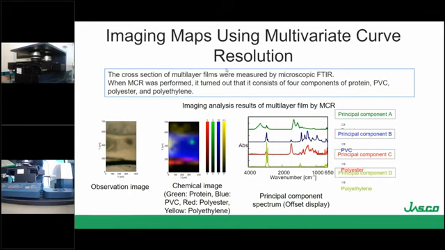The advantage of this software is that with only the collection of the whole image and the collection of the FTIR spectra, we can automatically extract the components of the sample, especially for complex samples, and we use that information to create FTIR images like you see in this image here. Every color is related to a specific material, in this case, principal components.